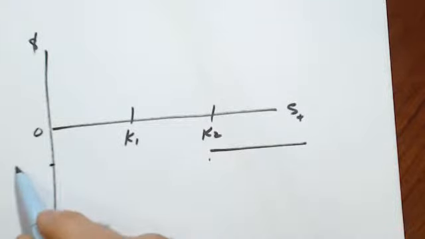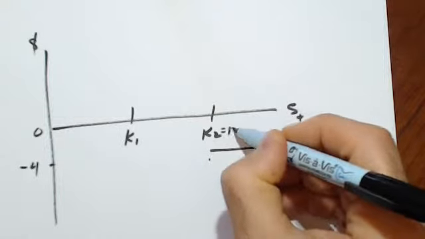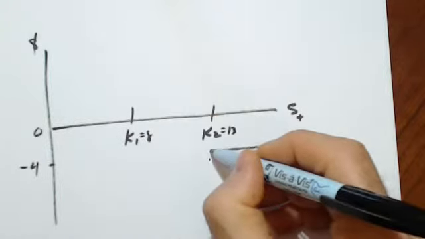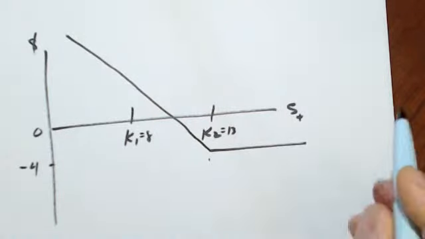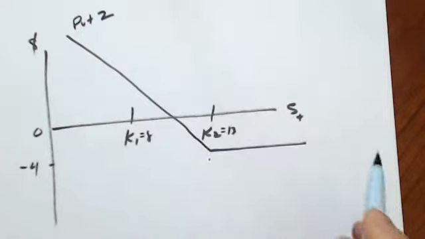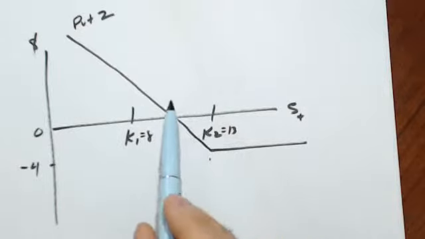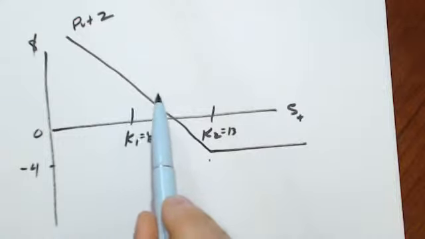So this has to be minus 4 here, and this is 13, and this is 8. It's going to look something like that. That's put 2, which is the purchased put, and then we have the shorted put, which we collect $2 on.